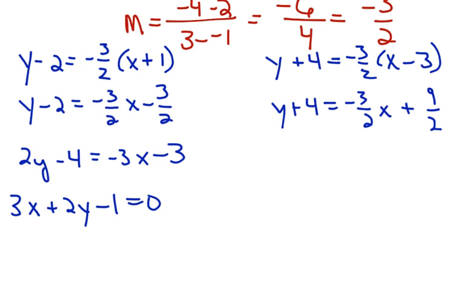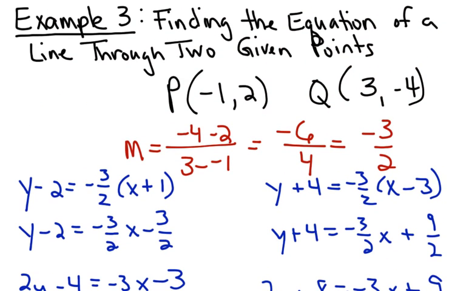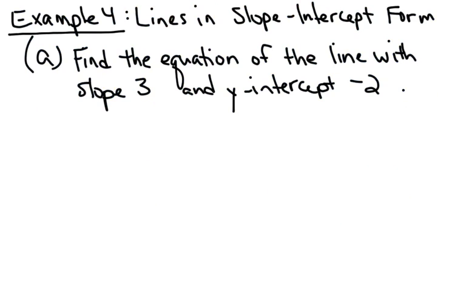I hate fractions, so I'm going to multiply everything by 2, so I get 2y plus 8 is equal to negative 3x plus 9. Then I'm going to add the 3x and subtract the 9, and I end up with the exact same equation.